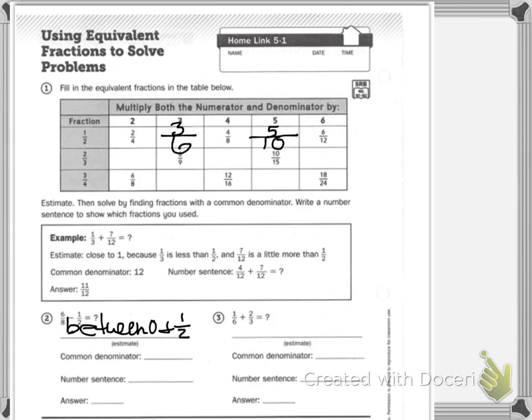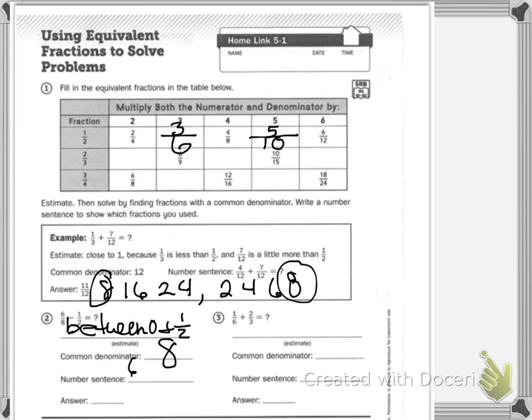I'm going to be at the top writing my factors of 8. So I have 8, 16, 24. Now, let's do my common denominators of 2. 2, 4, 6, 8. I can stop there. I have 8 and 8. My common denominator, 8.